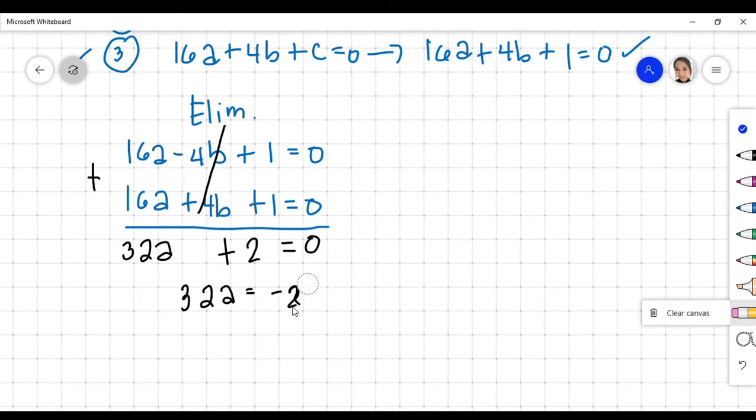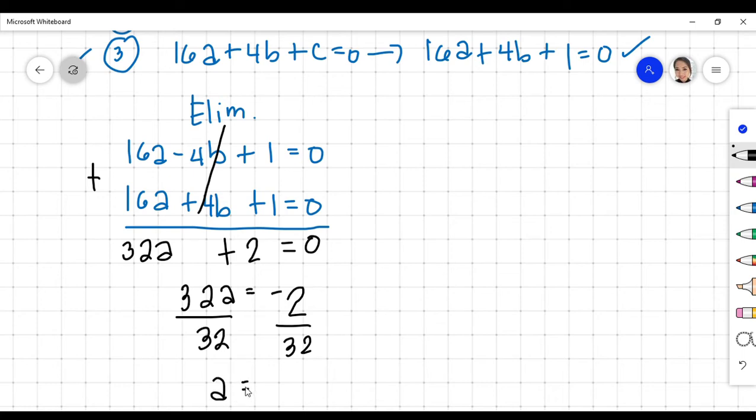Okay, that's -2. So divide both sides by 32. So a is equivalent to 32 divided by 32, that is 1.